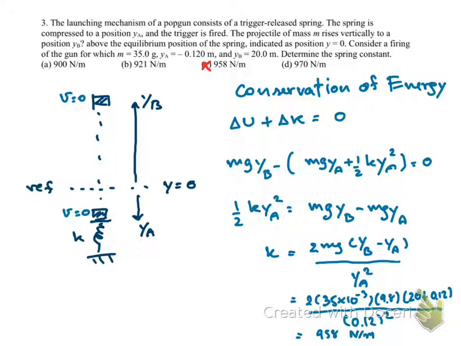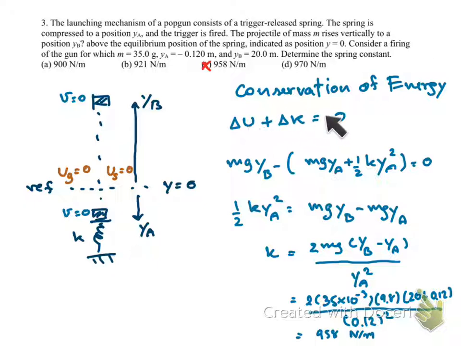So we have UG is equal to 0 here, and also US, the elastic potential of the spring is 0 also. Okay. Since both the gravity and the restoring force of the spring are conservative forces, we can use the conservation of energy.